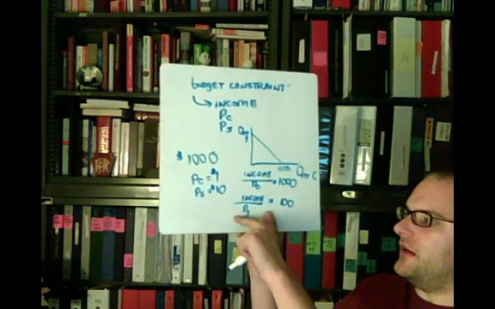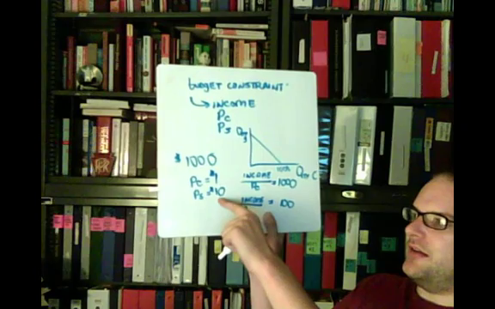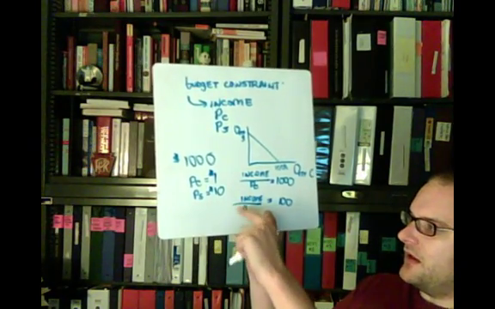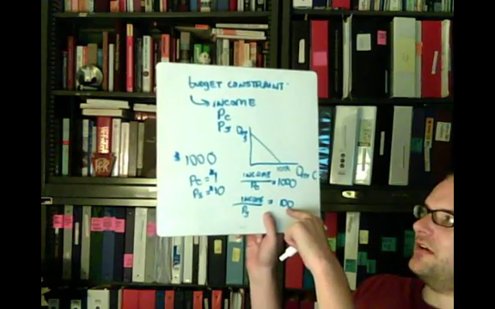Or if I devoted all my income to sushi at $10 a piece, I just made up that number, this price and this price, at $10 a piece, that would mean the max I could get is 100.